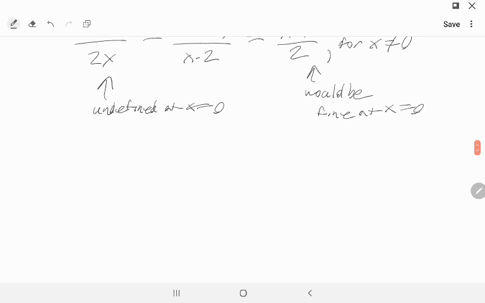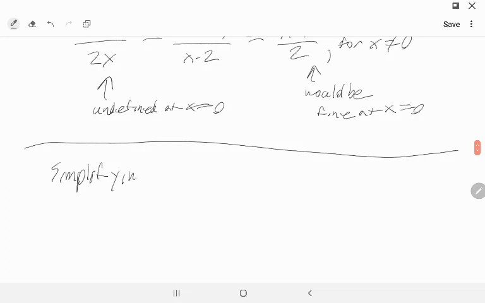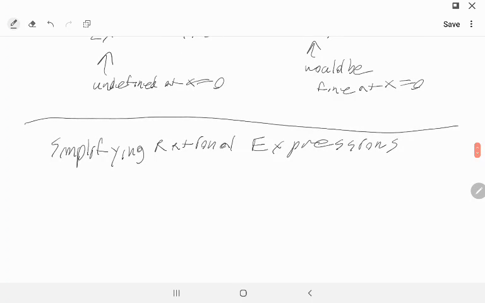So that actually brings us directly into the idea of simplifying rational expressions. We just saw a little bit of that with that common factor of x.